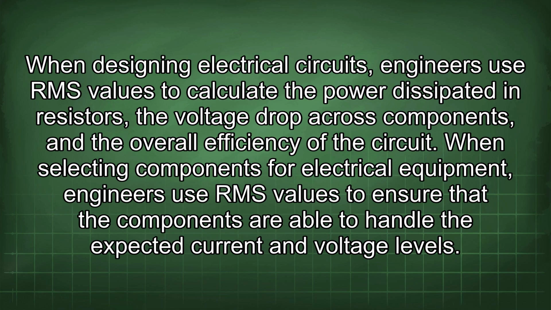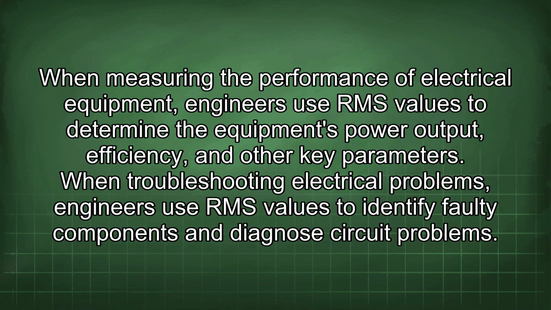When selecting components for electrical equipment, engineers use RMS values to ensure that the components are able to handle the expected current and voltage levels. When measuring the performance of electrical equipment, engineers use RMS values to determine the equipment's power output, efficiency, and other key parameters. When troubleshooting electrical problems, engineers use RMS values to identify faulty components and diagnose circuit problems.